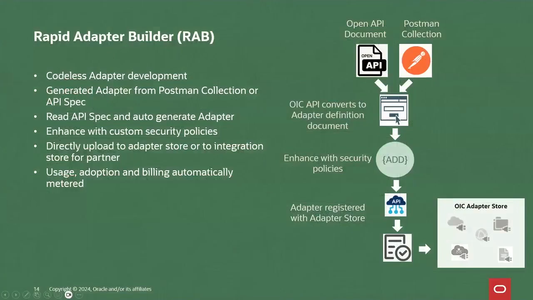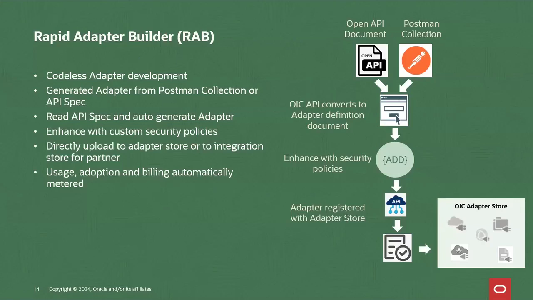Okay, so what exactly is it? As I have just mentioned, the advantage of adapters, right? So wherever there is no adapter, and wherever there is a lot of requirement, then you can go ahead and build a new adapter using the rapid adapter builder framework.